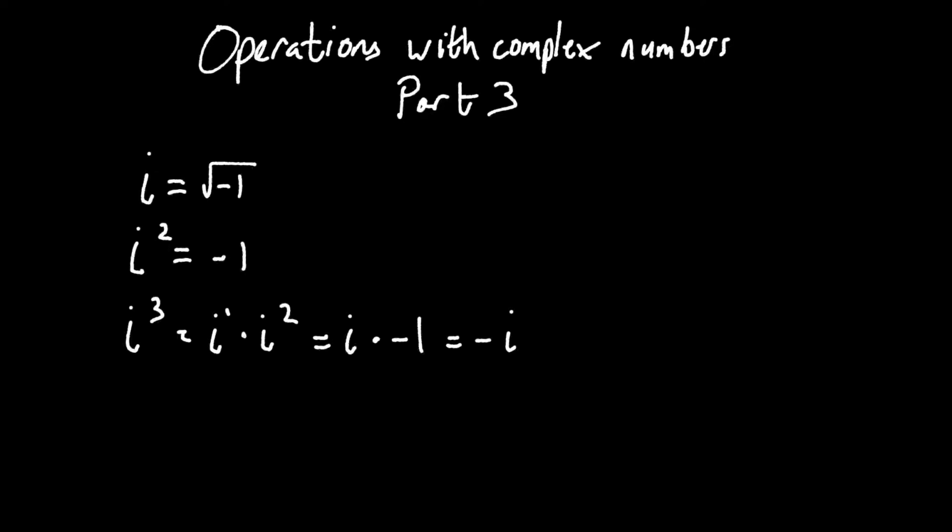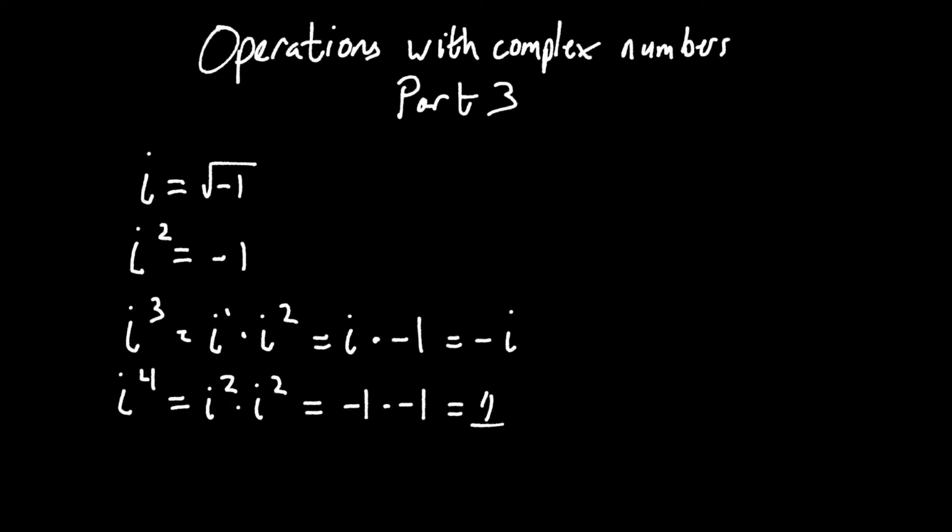What about i to the fourth? i to the fourth could be rewritten as i squared times i squared. And we know i squared is -1, so I have -1 times -1, which is a positive 1.